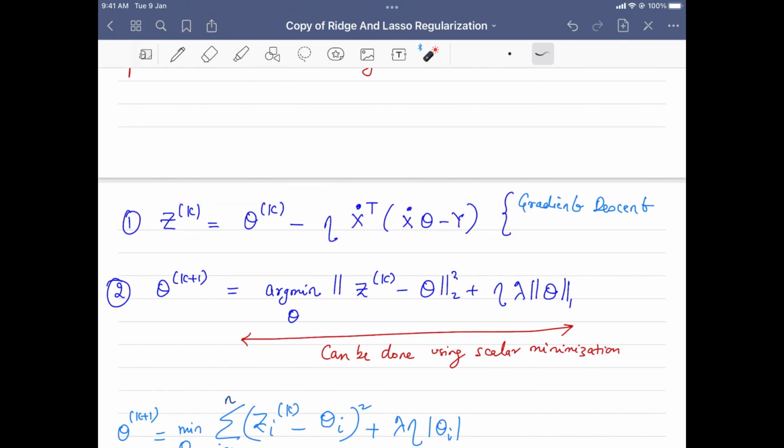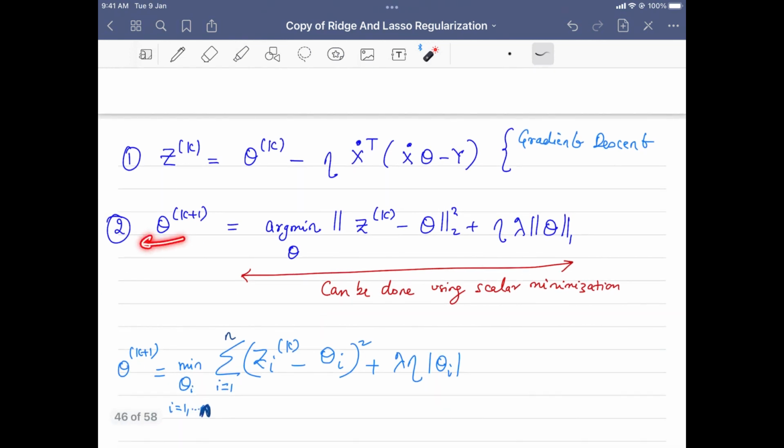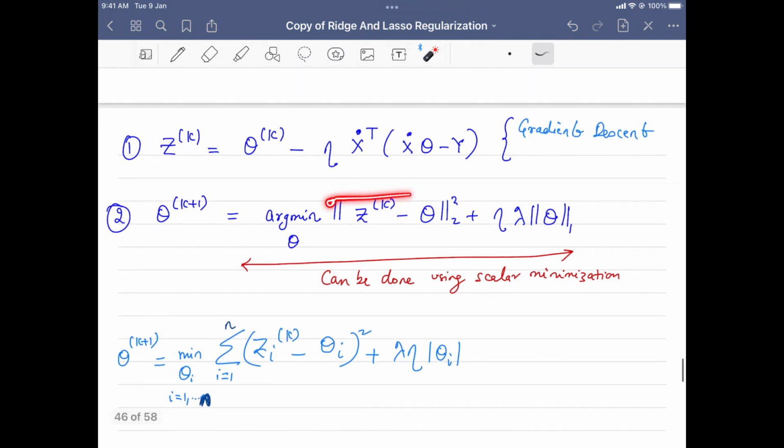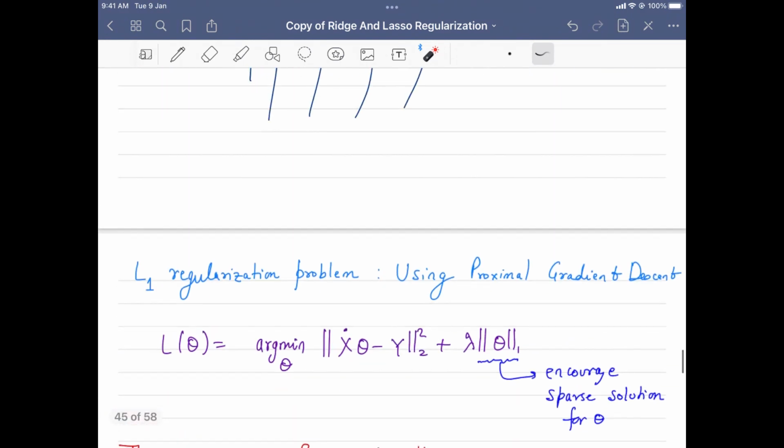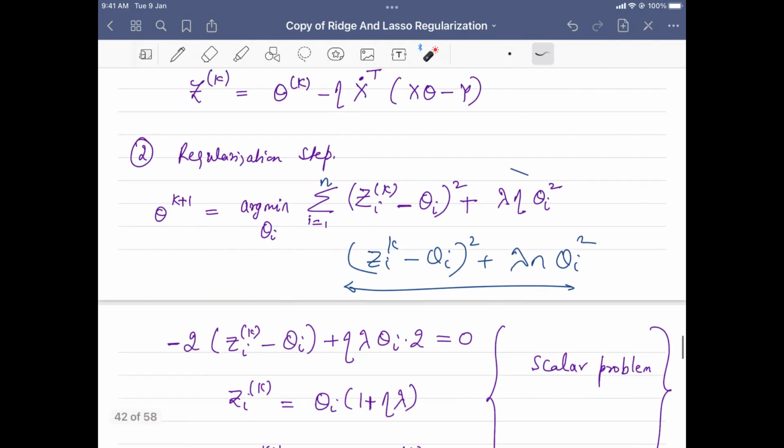But now in the second step, you want to find the value of theta k, which will be like this, and now we want to find the minima of this particular expression. So again we will go for scalar minimization of this expression, because this is the complete vector, and similarly as we had done in case of L2 regularization, where we ran i from 1 to n and wrote the components of all these vectors.